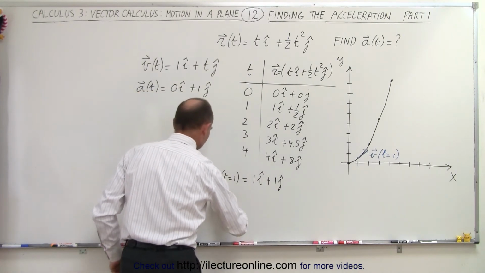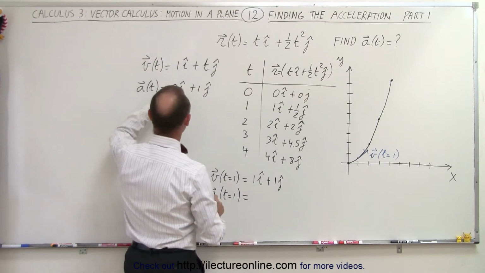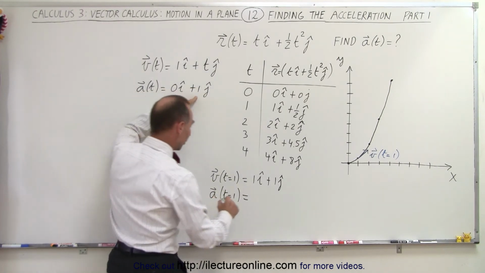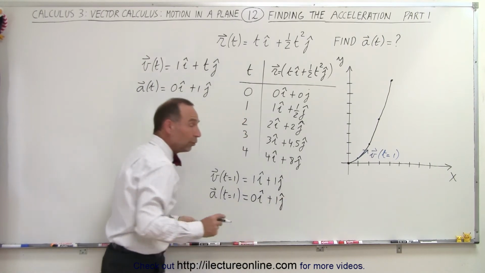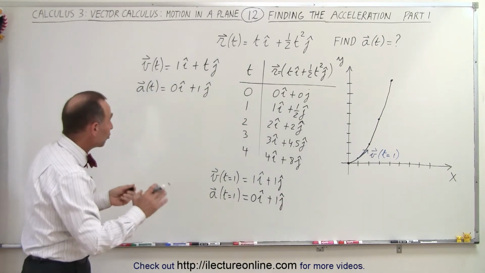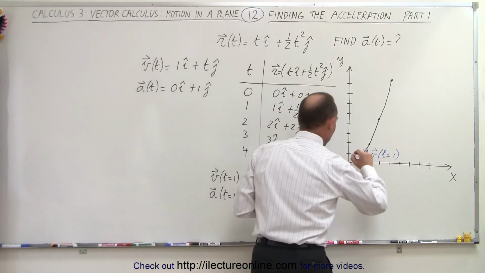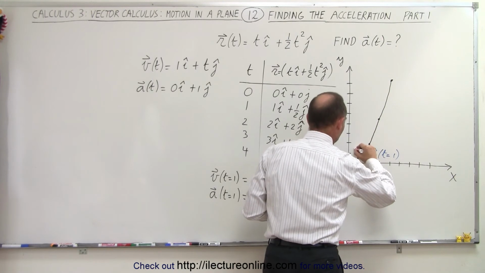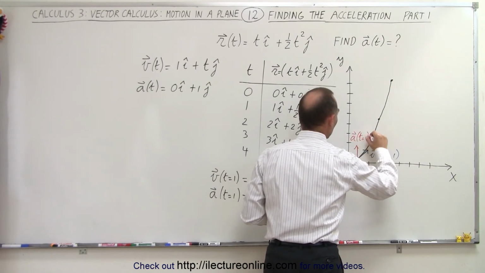Well, my acceleration vector when time is equal to 1 is 0 in the i direction plus 1 in the j direction. Notice the acceleration vector doesn't change with time. It's not dependent on time. So it's always going to have a vector that looks like this. So this here will be the acceleration vector when time is equal to 1.